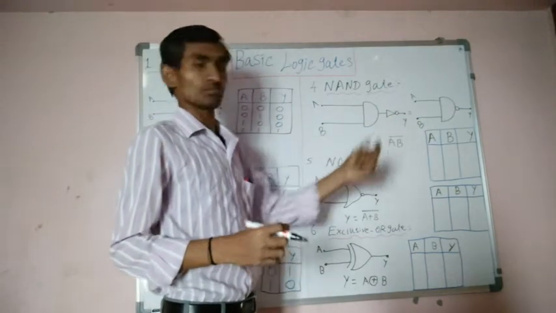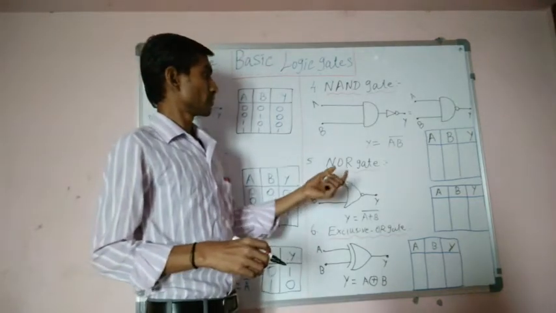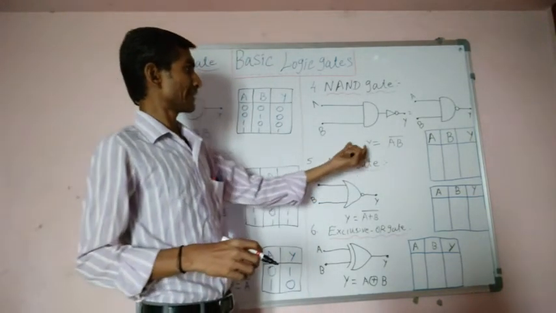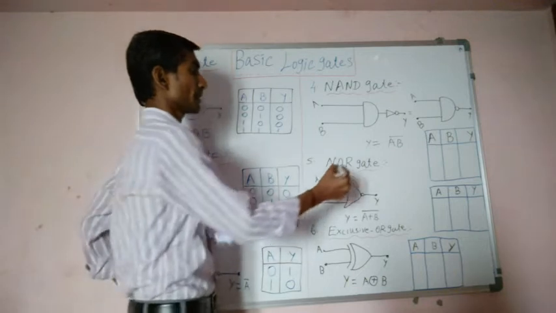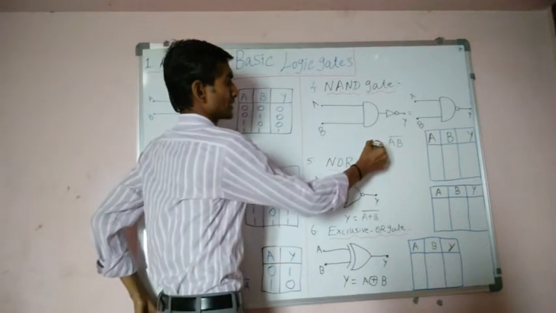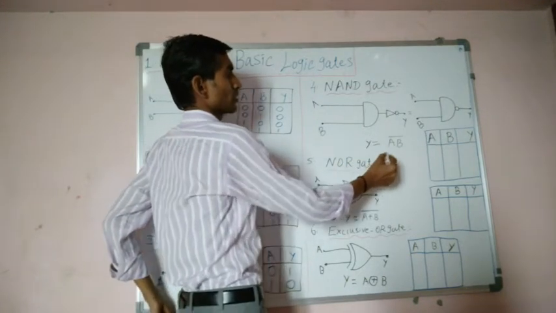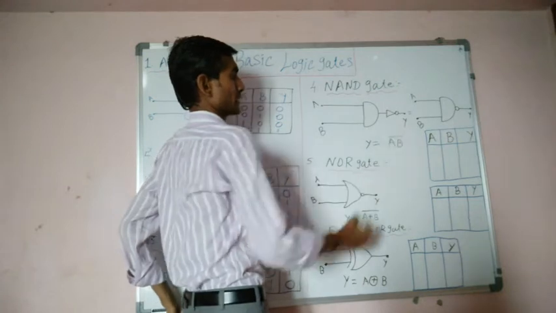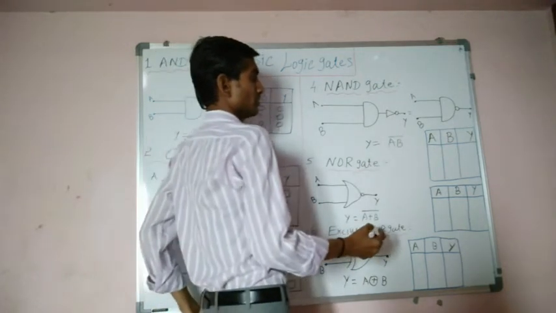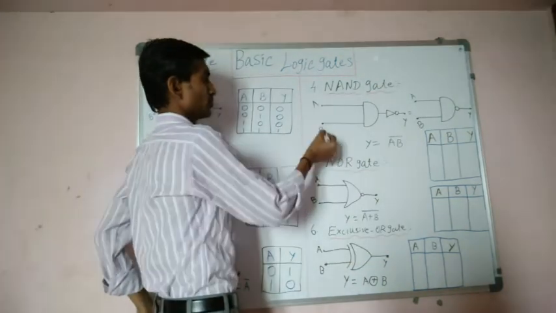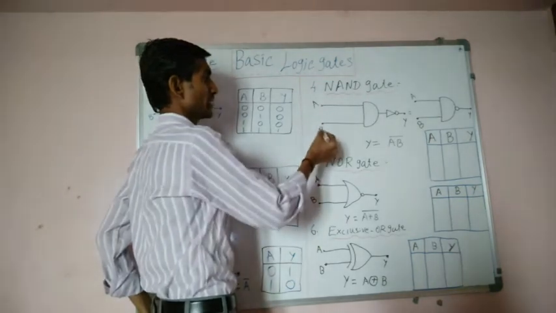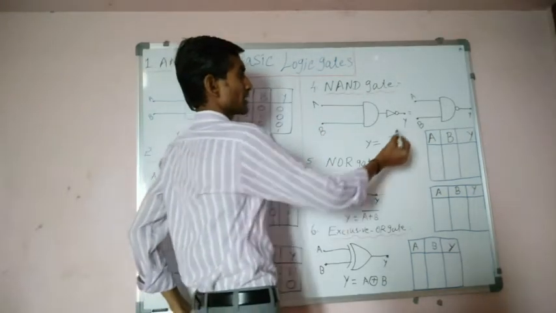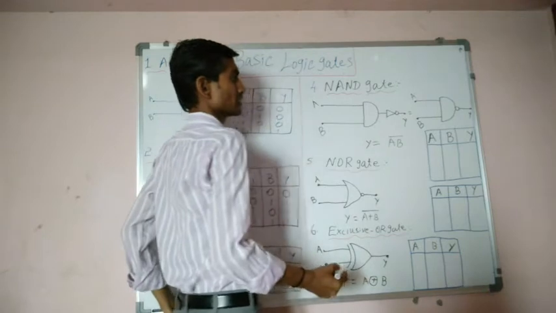Both are the same. For the Boolean expression for the NAND gate, we are going to write Y is equal to the complement of the product. So there are two input variables A and B. We are going to get the output Y.